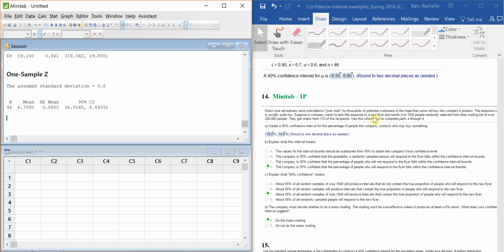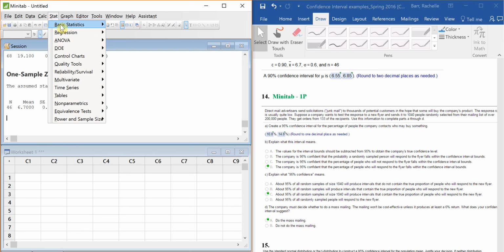Anyway, what we want to do is find the confidence interval for the percentage of people the company contacts who might buy something. So it's not all the people they contact, it's just the ones they contacted through this test sampling. So we want to use our 1040 as our sample size, and the 133 is our number of successes.